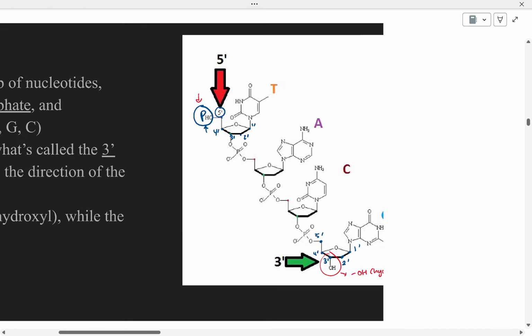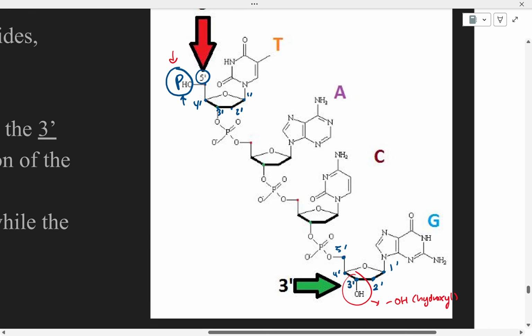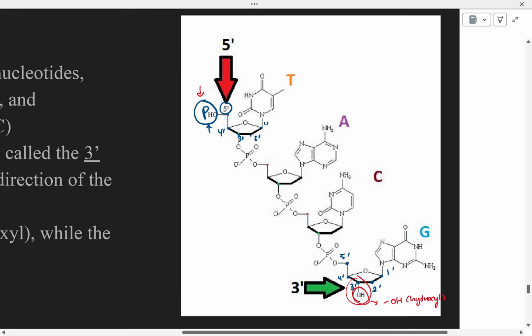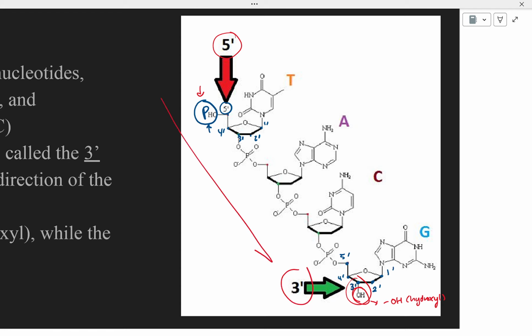So if we look at a DNA sequence, one end will always have a phosphate sticking off because of the nucleotide arrangement. Then one end will always have this OH sticking off. So we can specify what order we're looking at the DNA in. If we're looking from top to bottom, we're looking from 5' to 3' end.